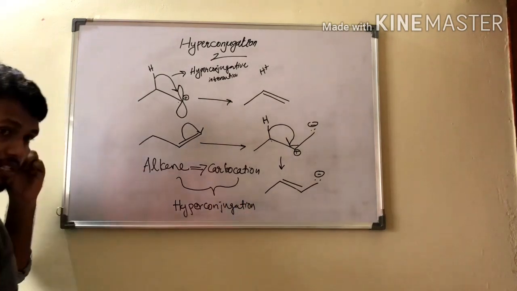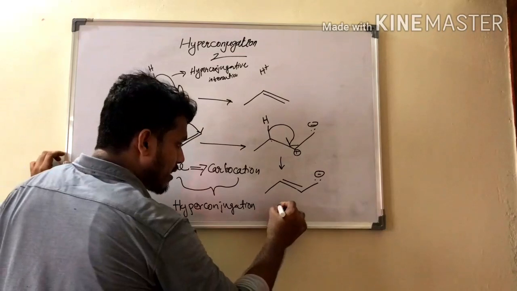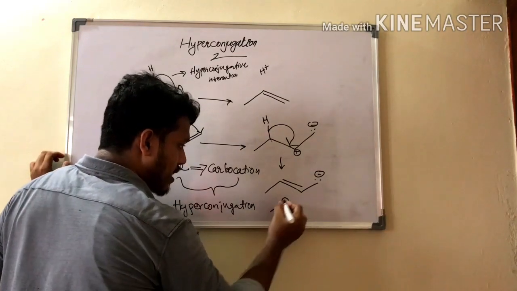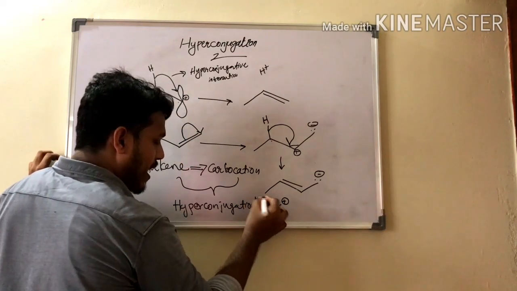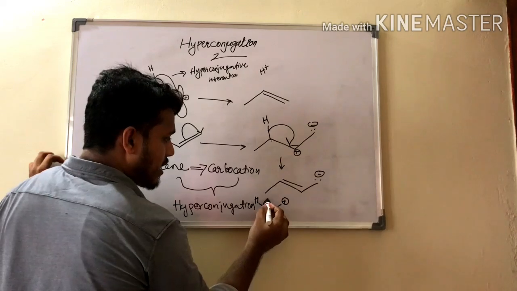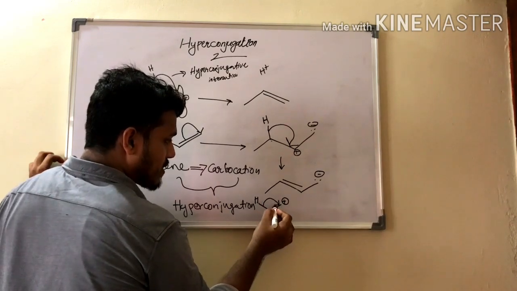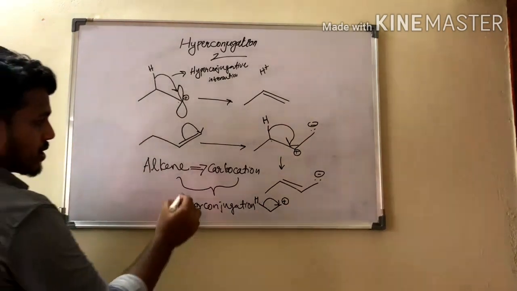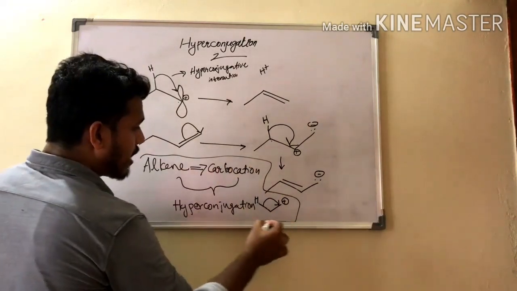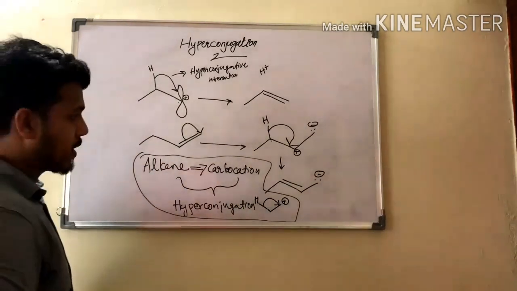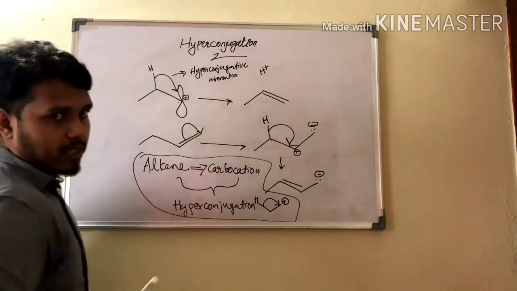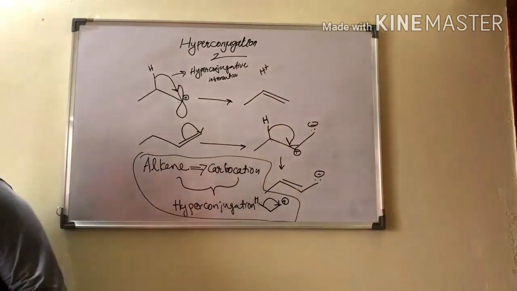So hyperconjugation is nothing but a situation having a positive charge and the second position having hydrogen, and this delocalization is called hyperconjugation, right? ഇതിനെയാണ് നമ്മൾ hyperconjugation എന്ന് പറയുന്നത്. ഓക്കെ, നമുക്ക് ഇതിൻ്റെ ഒരു അപ്ലിക്കേഷൻ നോക്കാം.